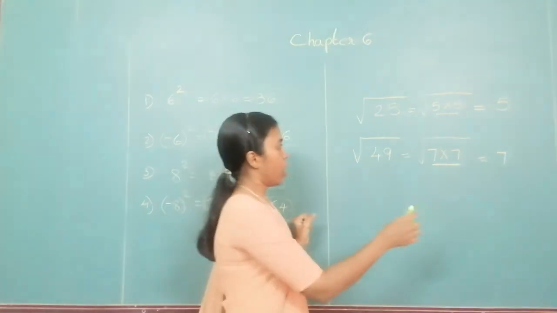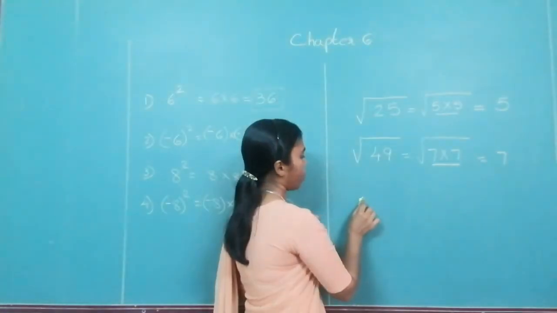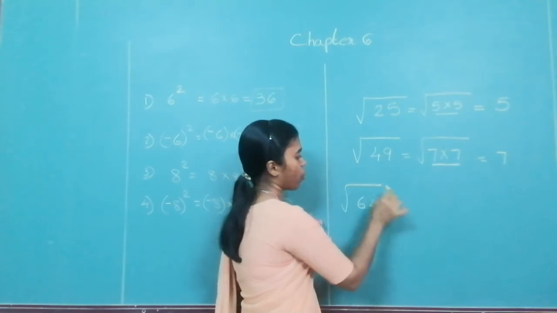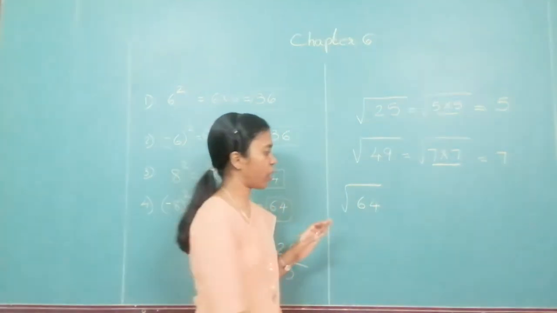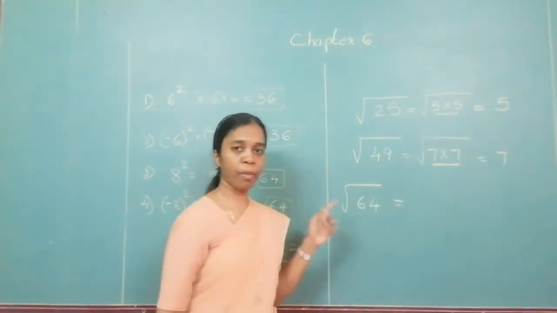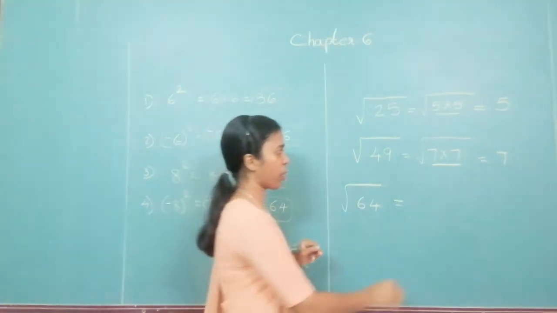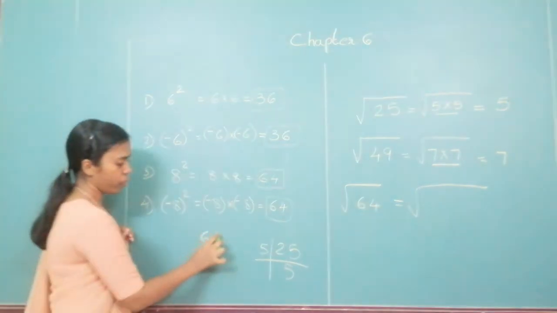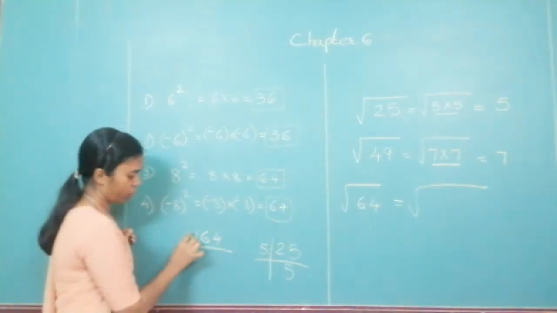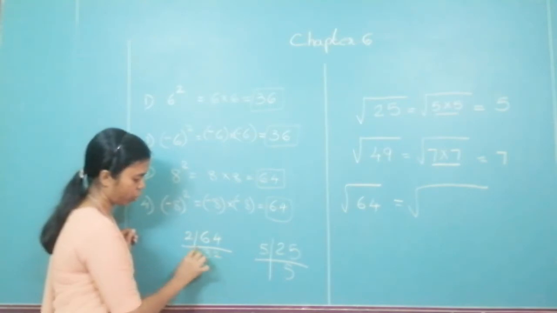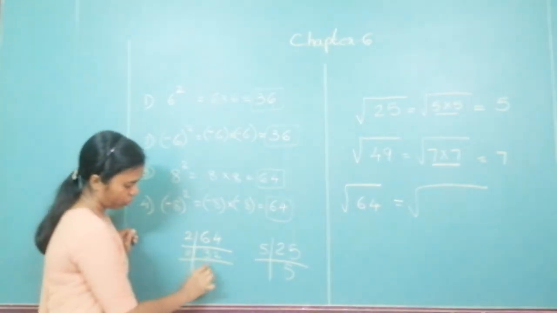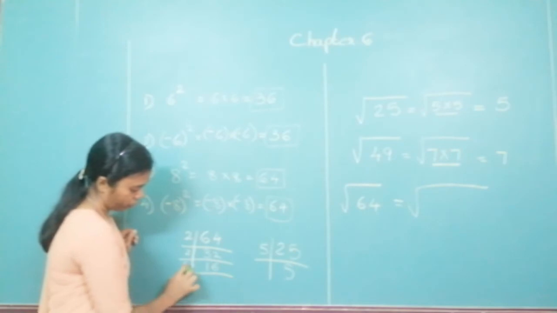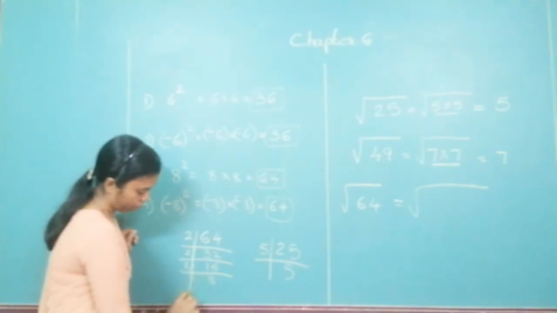Okay. Now suppose I have 64. Square root of 64. Again I will write the prime factors of 64. How do I get the prime factors of 64? 2, 32, 2, 16, 2, 8, 2, 4, 2.